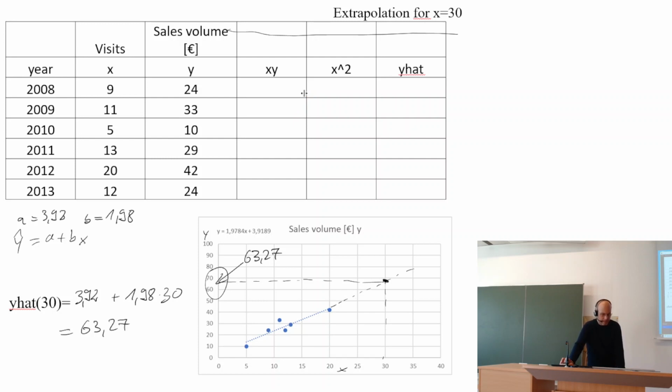Yeah, and in order to be complete, we can also calculate all, so to speak, theoretical values which correspond to an x of 9, an x of 11, and so on. So the numbers which are lying on our fitted line.